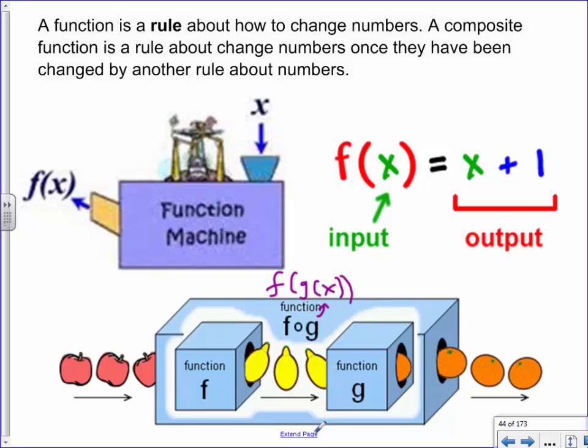So maybe this diagram helps. You're going to take apples and turn them into lemons, but then immediately take lemons and turn them into oranges. So at the end of the day, you've gone apples to lemons to oranges. This is your x value, and this is your y value when you're done, but we had an intermediary step.